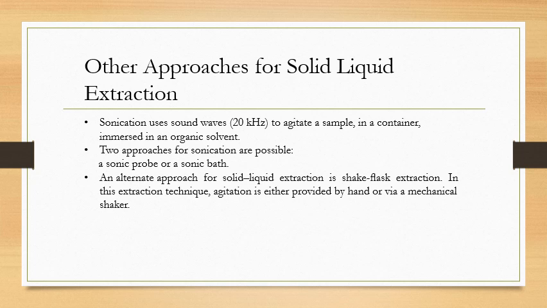After placing a known quantity of solid sample, typically 0.5 to 5 grams, in a suitable glass container, enough organic solvent is added to cover the sample. The sample is then sonicated for approximately 3 minutes. Then the extract-containing solvent is separated from the sample by centrifugation and/or filtration, and fresh solvent is added.